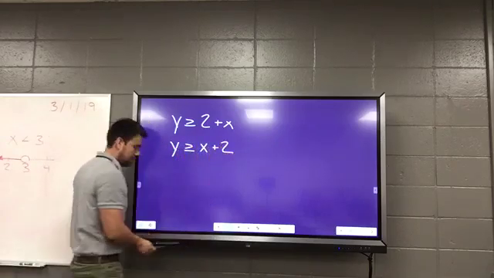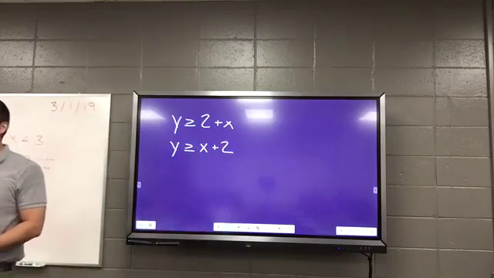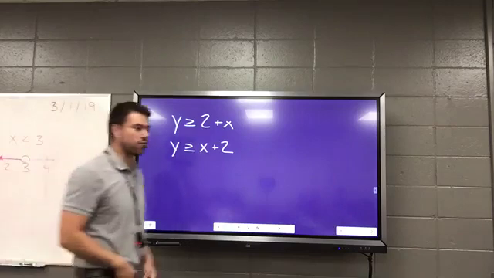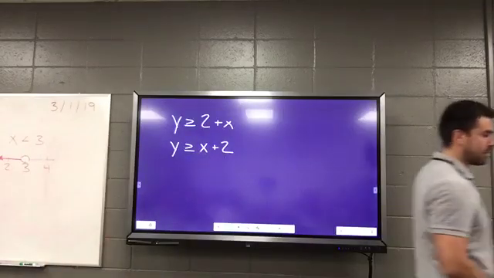All right, I need 20 of you to get this one right. And if you get it right, we move on to the last screen. If not, I have an extra screen waiting for you. So 20 of you need to get this graph right. So you've got to give me a shaded region.